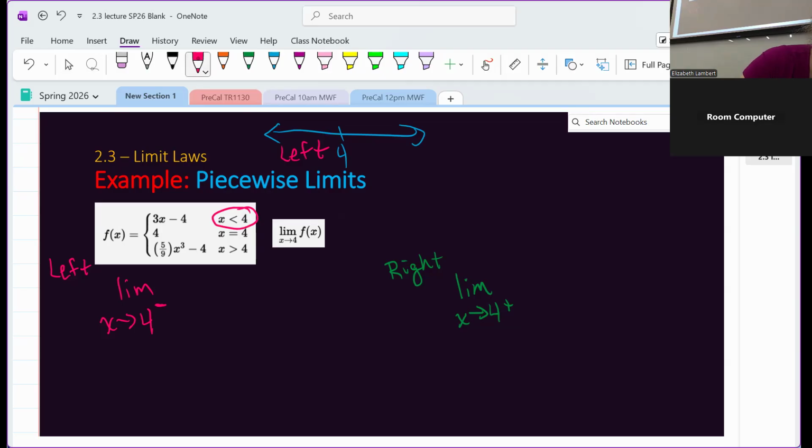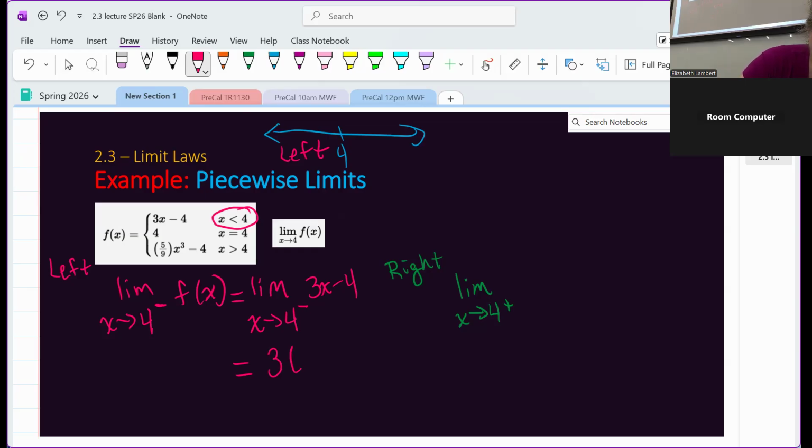So that means inside our limit, when we say this limit of f of x on the left, we can substitute in the piece of the function that we know it applies to, which is the 3x minus 4. Now we're just looking at a polynomial. We can directly substitute the 4 in there.